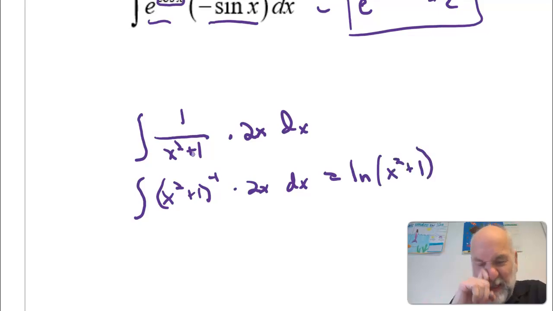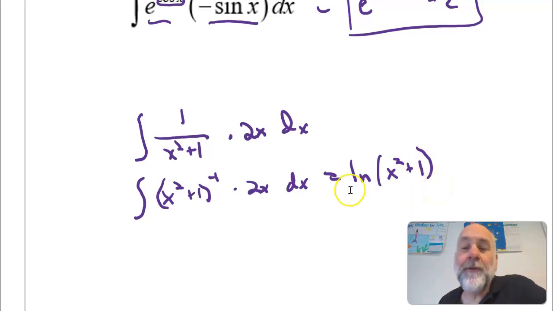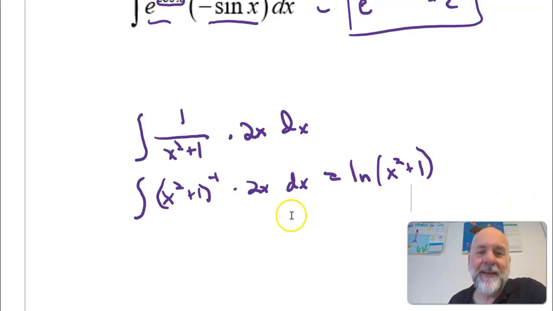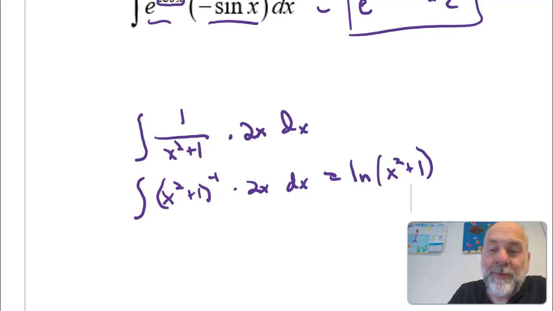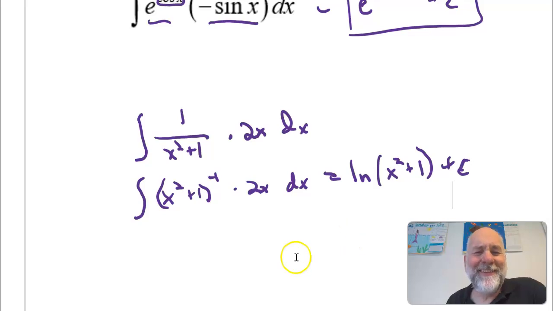Don't need brackets because x squared plus 1 is positive, so the absolute value wouldn't do anything. So parentheses are fine. If you did an absolute value, there's nothing wrong about that. It's just not needed. So, and then plus c. I wasn't going to forget. So again, antiderivative of the outside, and the antiderivative of 1 over something is natural log of something. But I needed that 2x to be there.